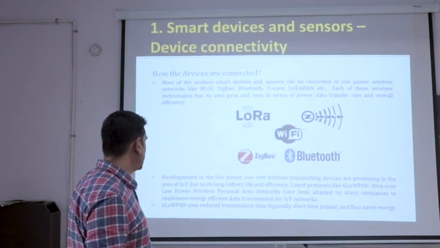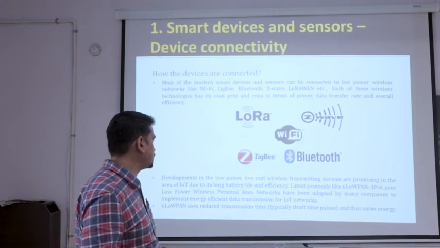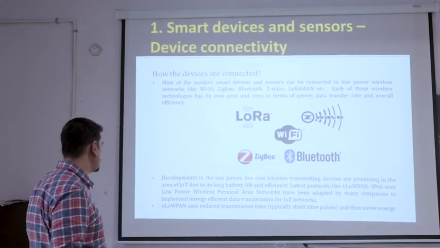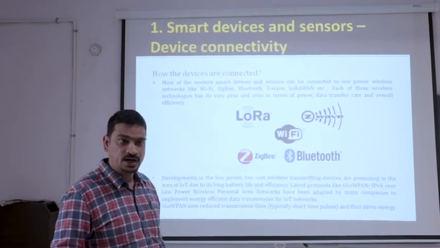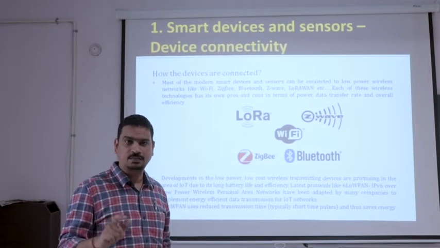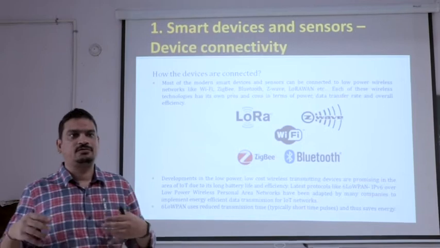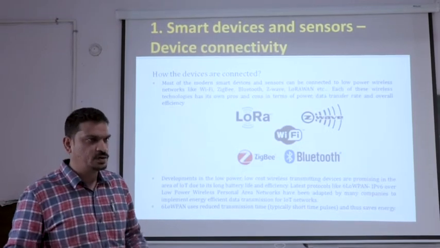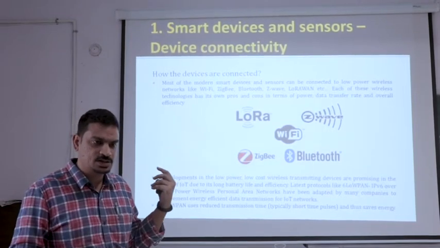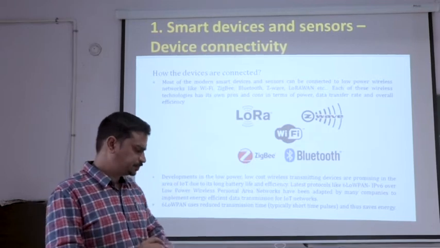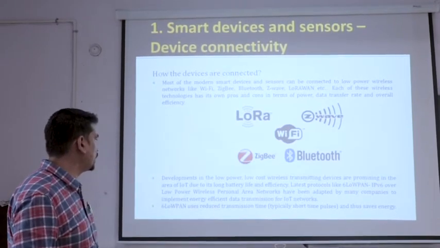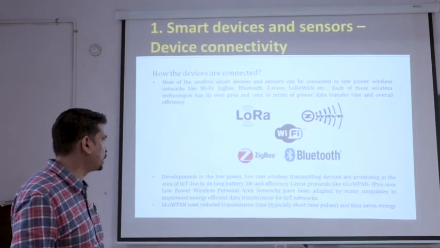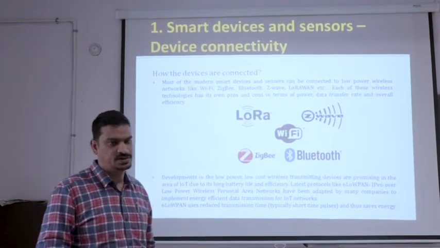IPv6 over Low power Wireless Personal Area Network has been adopted by many companies to implement energy efficient data transmission for IoT networks. If any company, any institute, any firm is making an IoT network, they use this particular protocol. 6LoWPAN uses reduced transmission time, typically short time pulses, and thus saves energy.